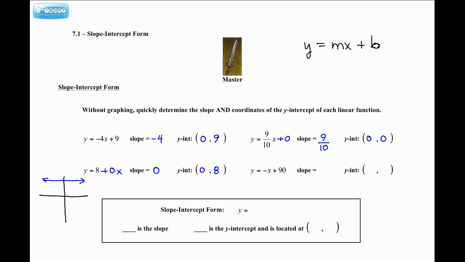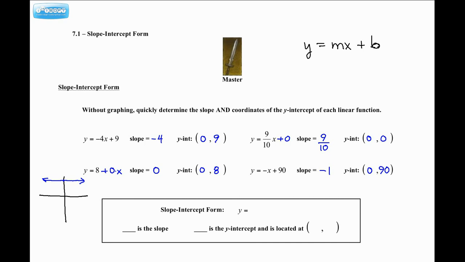Next one, y equals negative x plus 90. Well, the number multiplying the x is negative 1. There's an invisible 1 hiding there. Plus 90, so the y-intercept is at x equals 0, y equals 90. I don't think I'd want to plot that.